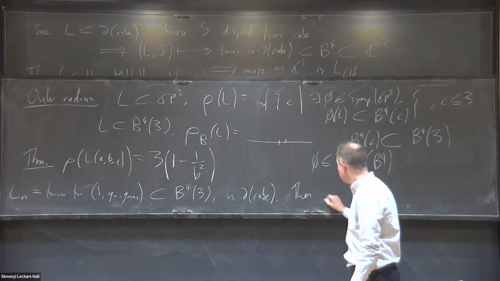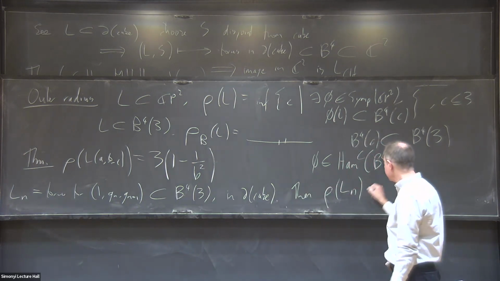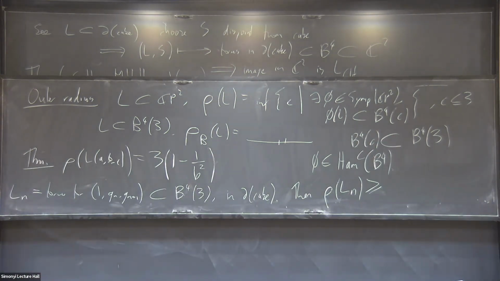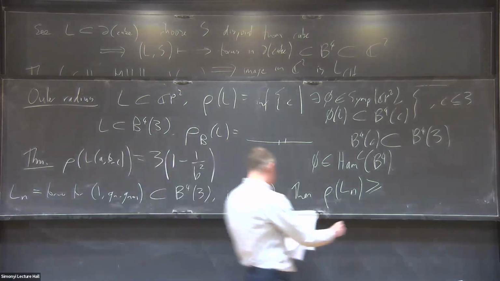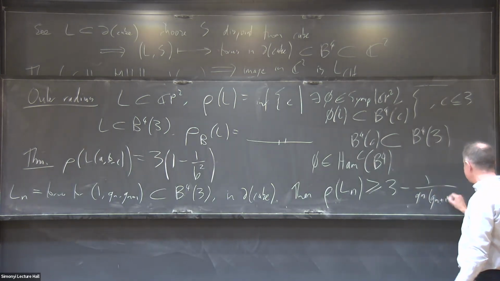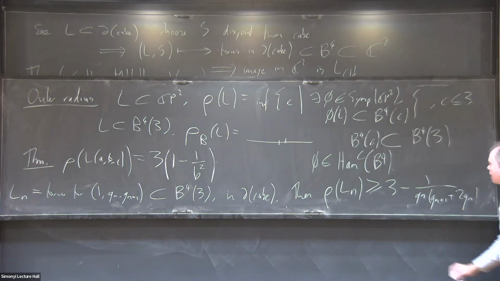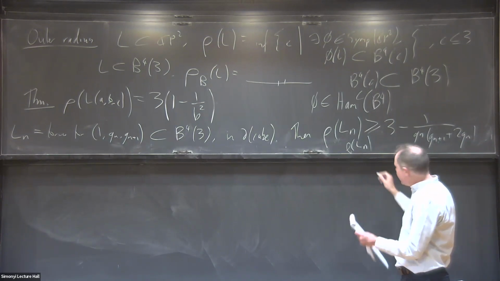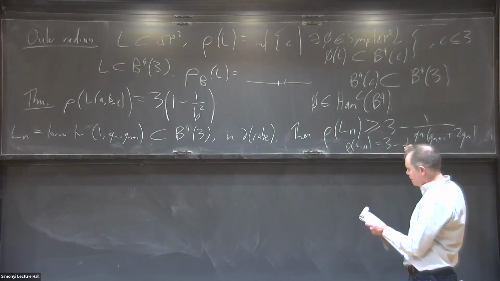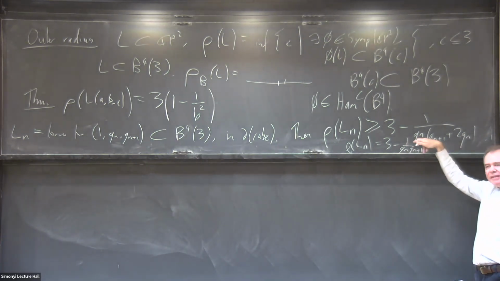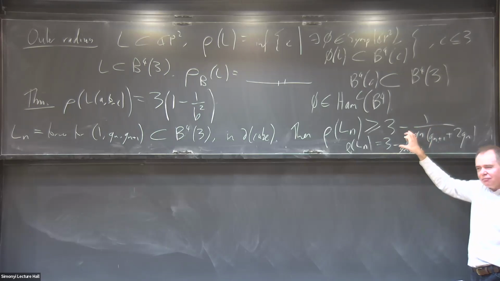So then rho Ln, we won't have an S here, is 3 minus 1 over Gn plus 1 plus 2 Gn. But rho of Ln, we know exactly. Rho of Ln is 3 minus 1 over Gn plus 1. So again, as n goes to infinity, this is converging to 3.